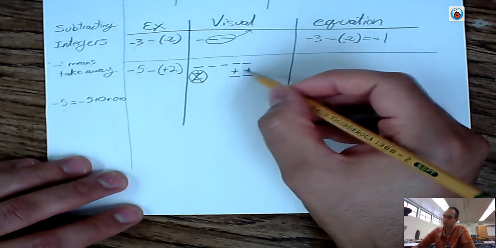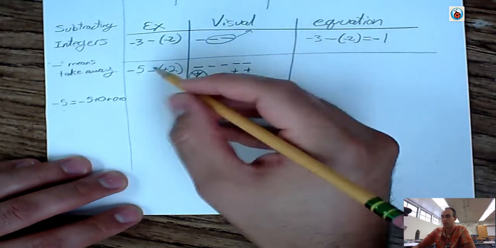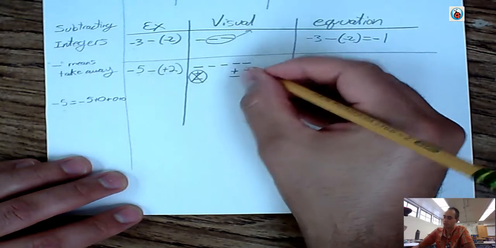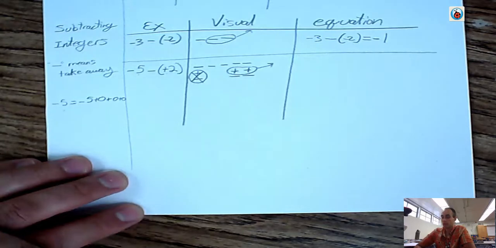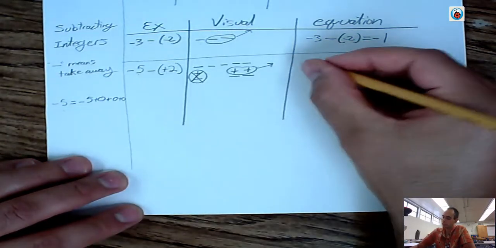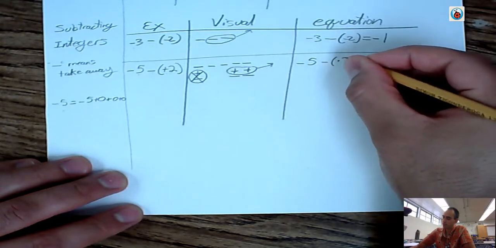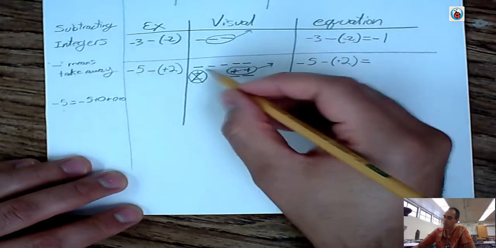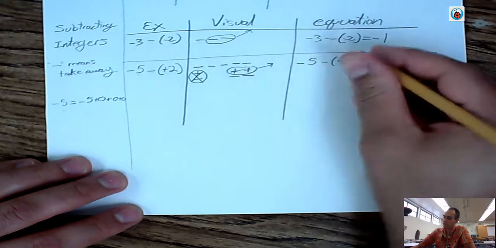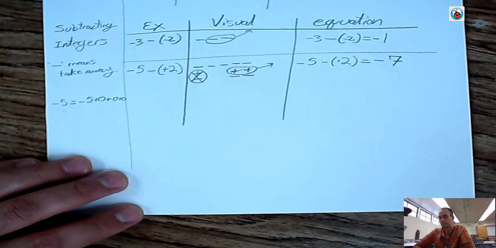I've added in a couple of 0 pairs, so I didn't change my whole answer. But now I can take away 2 positives because I have my 2 positives to take away. Now that I've done that, that's like negative 5 minus positive 2. When I take away those 2 positives, I have 1, 2, 3, 4, 5, 6, 7 negatives. And that's how it works.